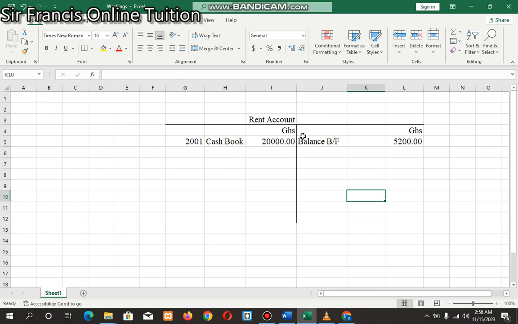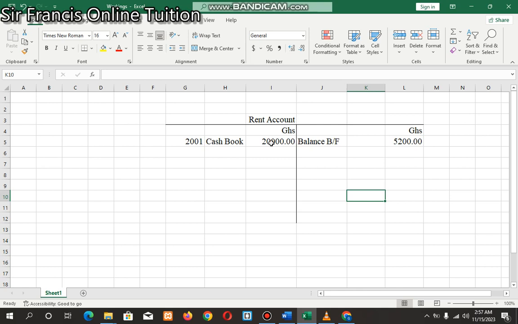So this is the total cash that we paid for rent for 2001, but we got to know that out of the 20,000, 5,200 is relating to the previous accounting year, which is the year 2000. So we have to take it off, so that we can know the actual amount that we will take to the profit and loss account. Don't forget that the matching concept says that all expenses for the year should be matched against the revenue that we earn for that year.